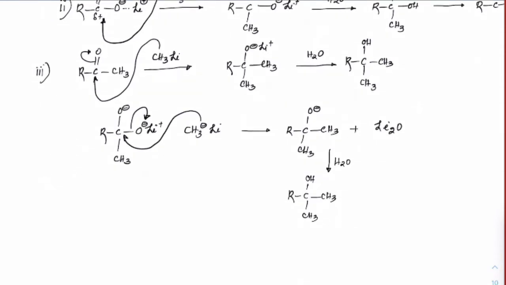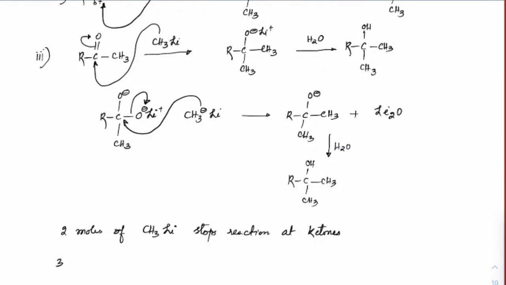Okay, so I'll write it as a note. 2 moles of CH3Li stops reaction at ketones. 3 moles of CH3Li with hydrolysis stops at alcohols.